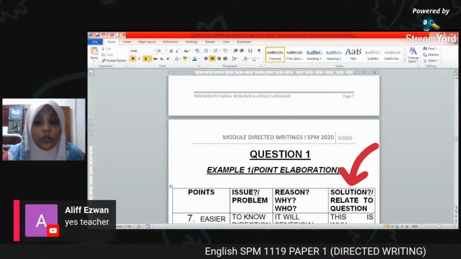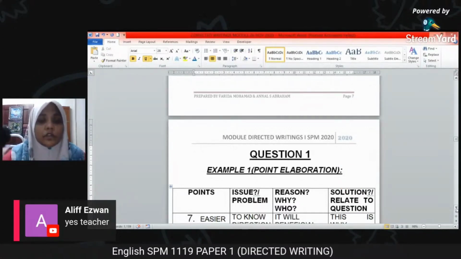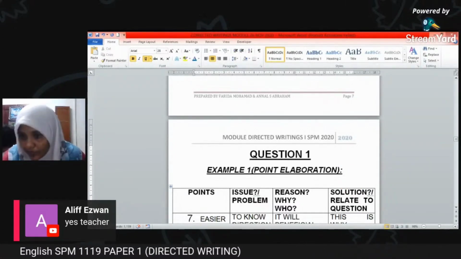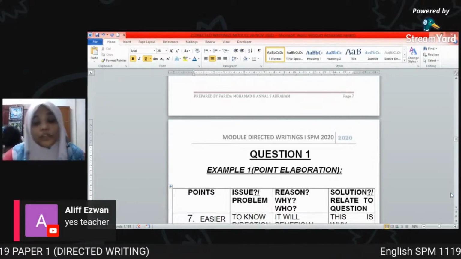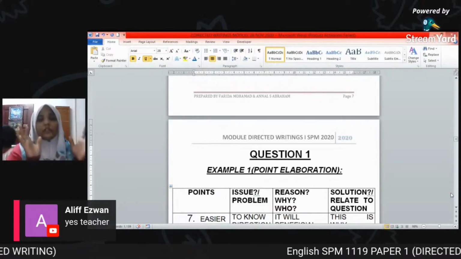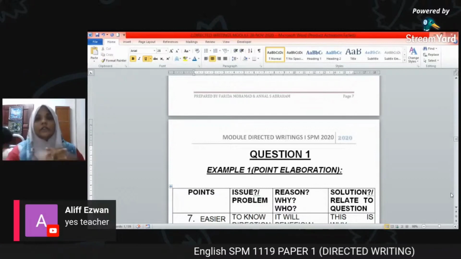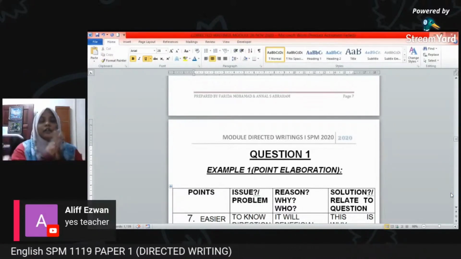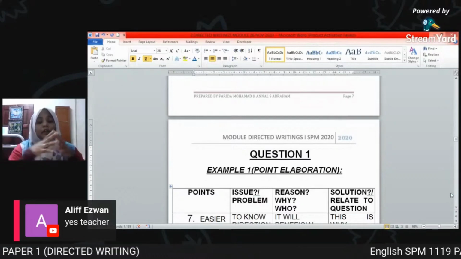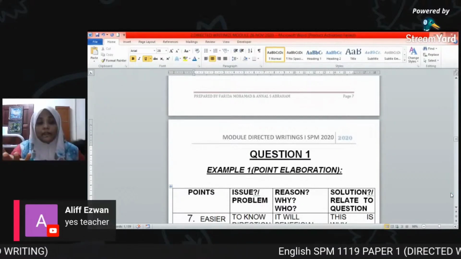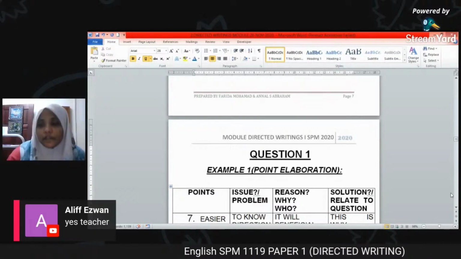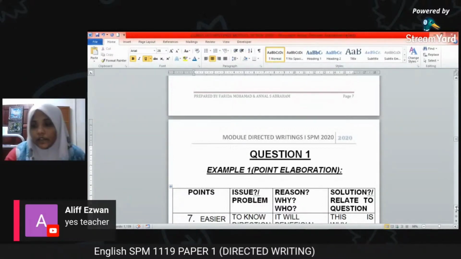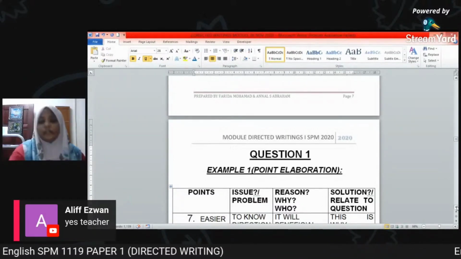And always give a solution, or always relate to the question. What is the question? The importance of English, and how you're going to persuade your friends to understand the importance of this language.